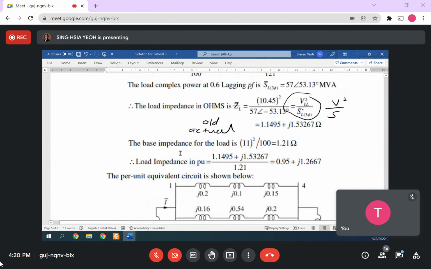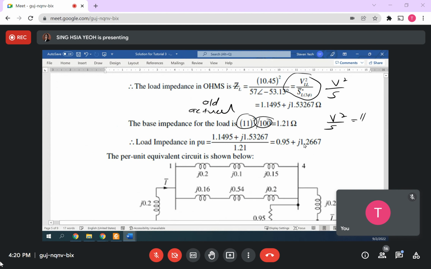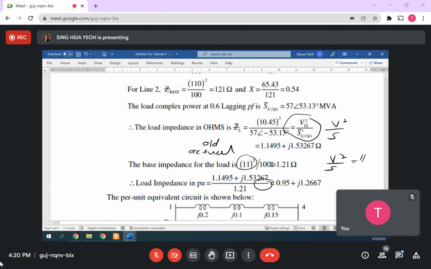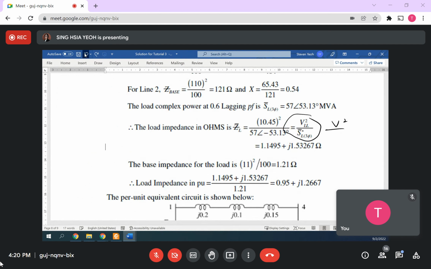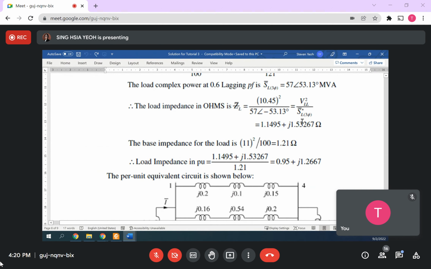Then from the Z actual value, you need to find the base for the load, which is V squared over S. V at the load side is 11 kV divided by S, which is 100 MVA. So you get 1.21. Okay. Is it messy? Then you use the Z actual value divided by the base value, so you get the load impedance in pu.